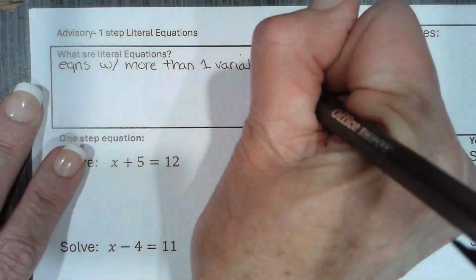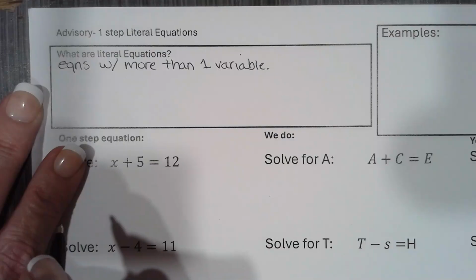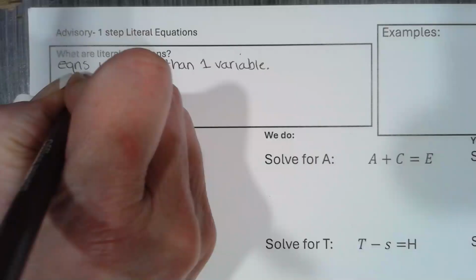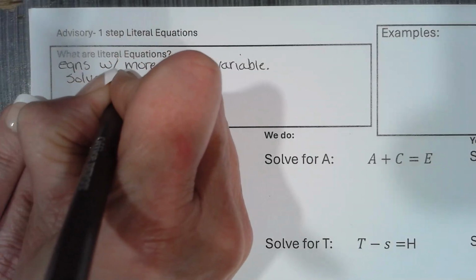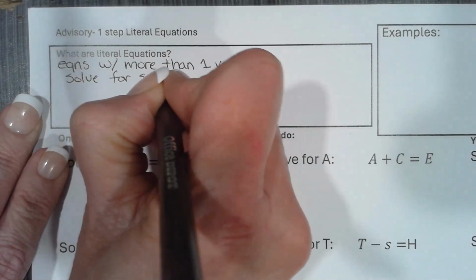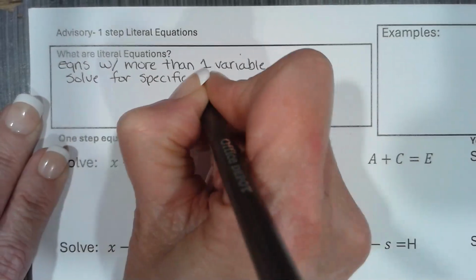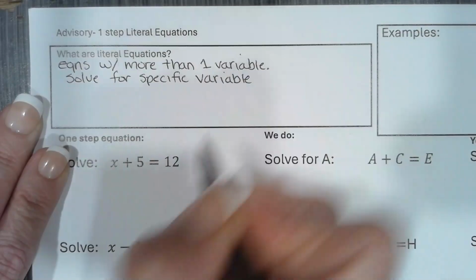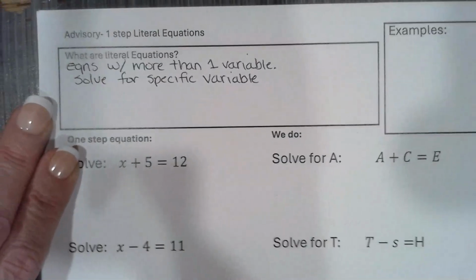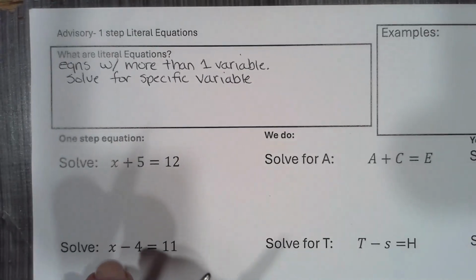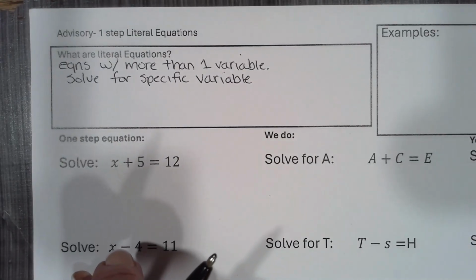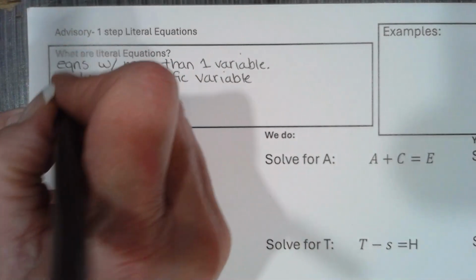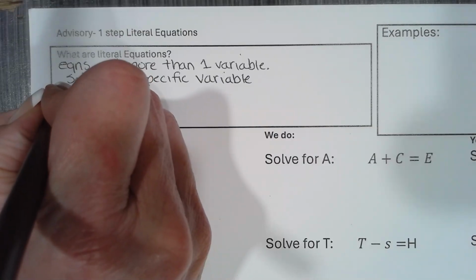Okay, equations with more than one variable. You solve for a specific variable. All right, and you do not get a numerical solution.